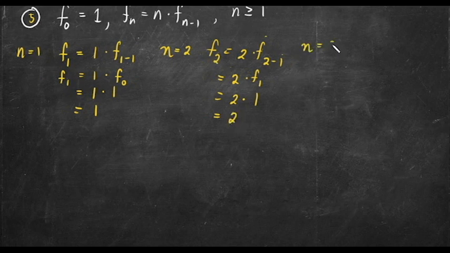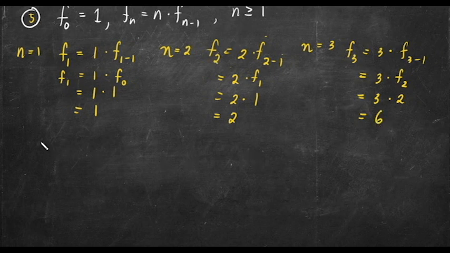For n equals 3, we'll get f sub 3 equals 3 times f sub 3 minus 1, which is equivalent to 3 times f sub 2. And again, meron na tayong f sub 2, which is 2. So, f sub 3 is equal to 3 times 2, 6. Lastly, let's have n equals 4.